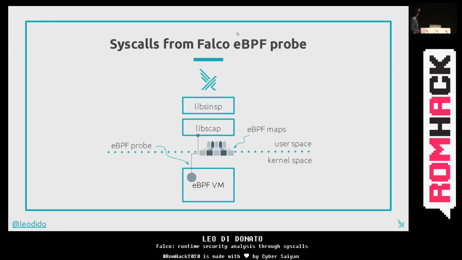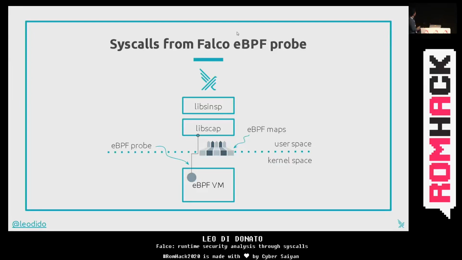Here we have the library libscap that is responsible for getting the compiled BPF source code, parsing it, parsing the eBPF map sections that it found, and loading the raw tracepoints that we put on syscalls, the normal tracepoints that we put on syscalls, and the other things that we do, uprobes and things like that to grab other information. It mounts everything in the kernel, in the BPF virtual machine, and so lets the BPF probe of Falco run.